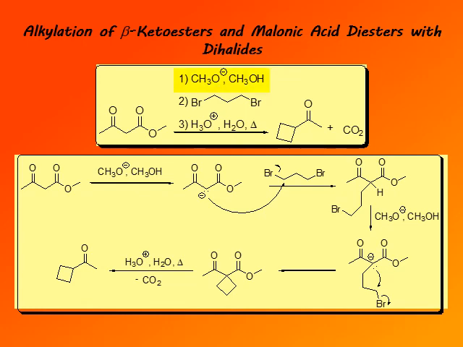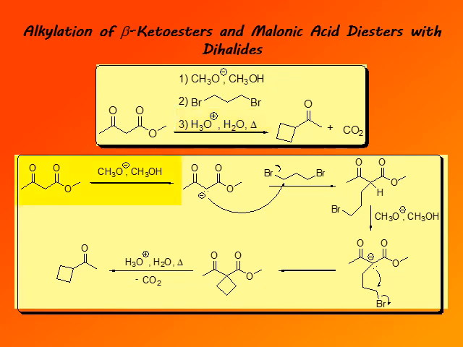In this first example, we have methyl acetoacetate, so deprotonation with methoxide in methanol, and then reaction with 1,3-dibromopropane results in first alkylation, substitution of one bromine, and then methoxide deprotonates the resulting intermediate again to form a second enolate anion, which displaces the second bromine and results in closing of the four-membered ring. And then, of course, acid-catalyzed hydrolysis followed by heating results in decarboxylation, and the product is this four-membered ring with a keto substituent on it.